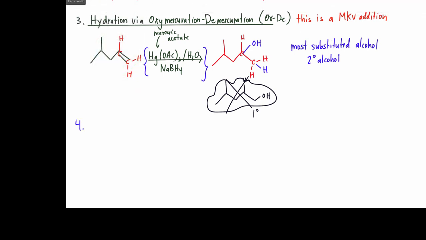Let's talk about the fourth reaction. And the fourth reaction is similar to this one, very similar, except what acts as a nucleophile. We had water acting as a nucleophile, or OH minus acting as a nucleophile. This is called the alkoxymercuration, demercuration.